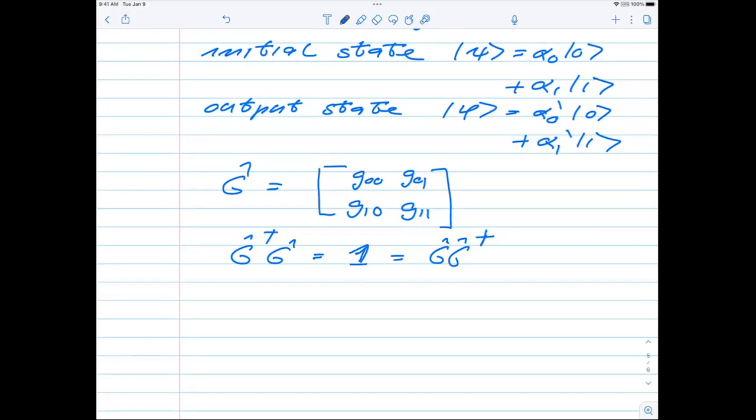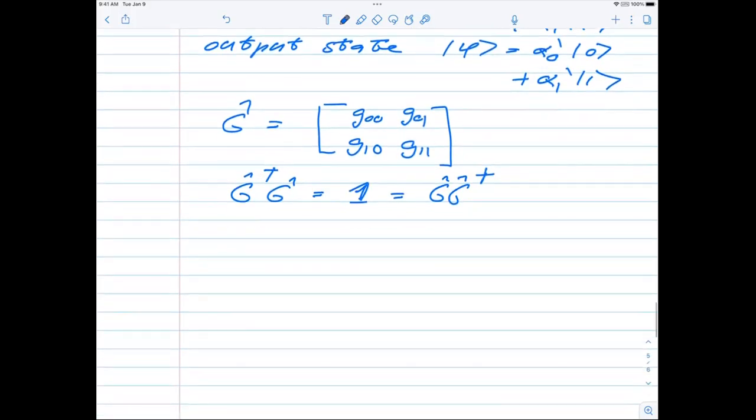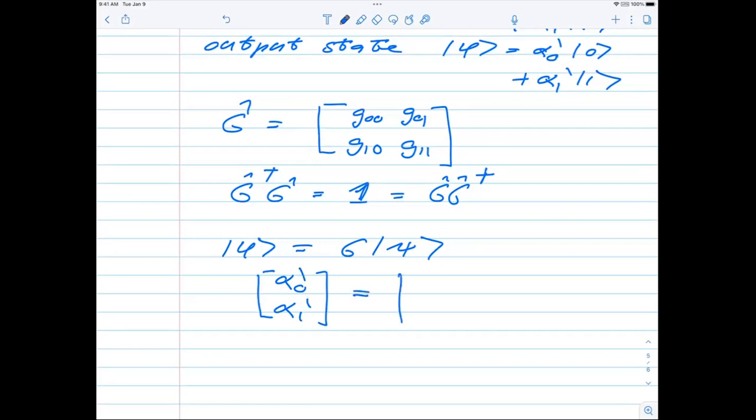So when we're given this transfer matrix of a quantum gate and the input and the output qubits, the transformation which is performed by the gate, so this transformed state, is given by G times this initial state psi. And that means that for a single qubit operation, we are going to get this new state, alpha prime, which is now given by this operation G00, G01, G10, and G11, multiplied with alpha 0 and alpha 1.